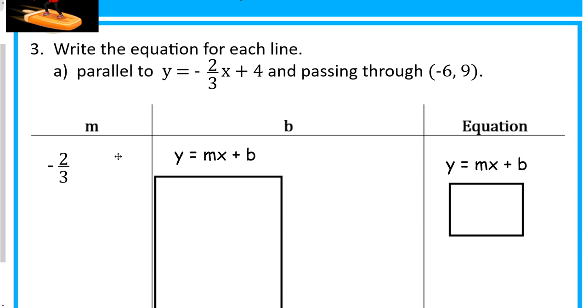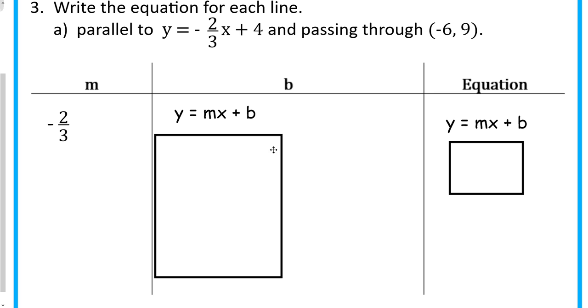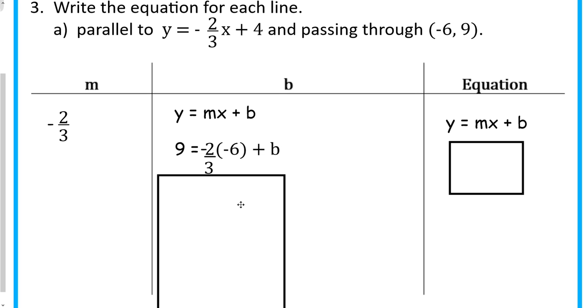Now, let's use the slope and that point to find our b, the y-intercept. What is the y-intercept of our line? Okay, so I replace my y with 9 because we're going to use the point for our x and y. All right, so my x is going to be negative 6 and my y is going to be 9.